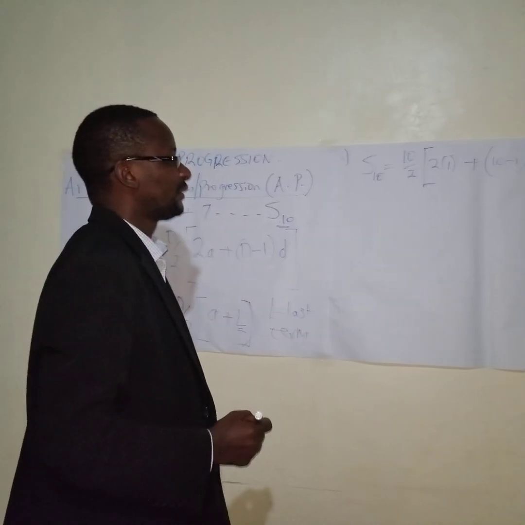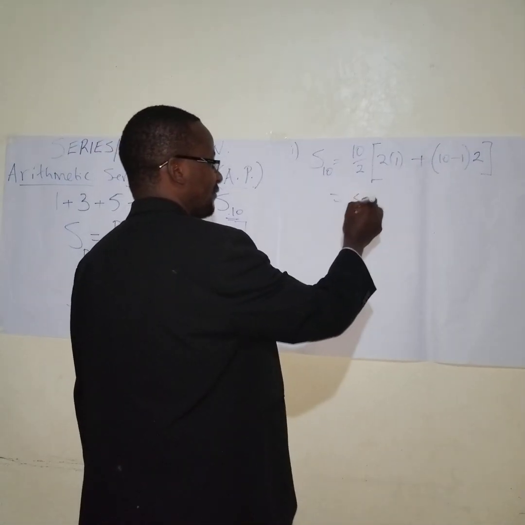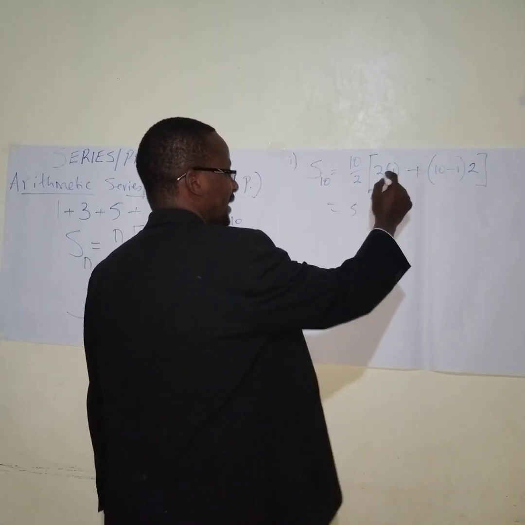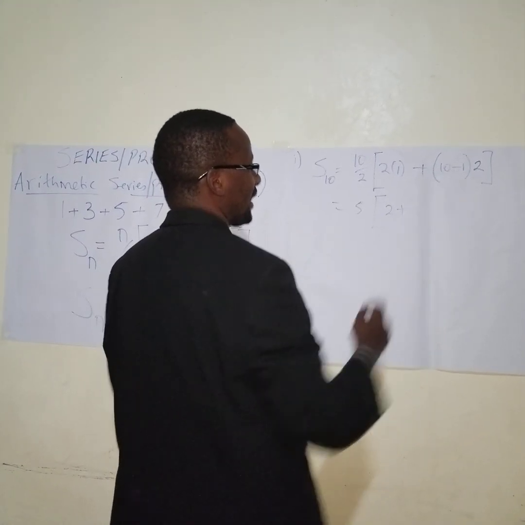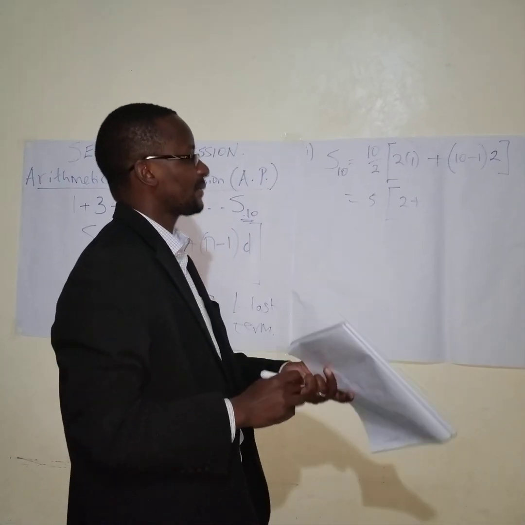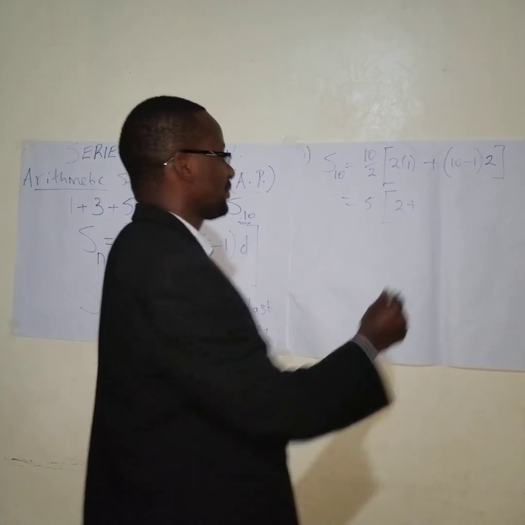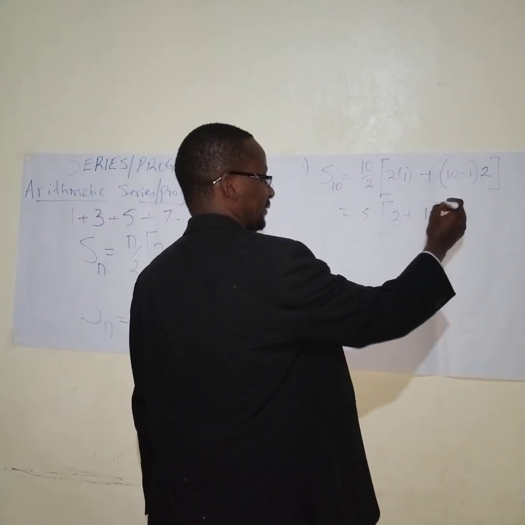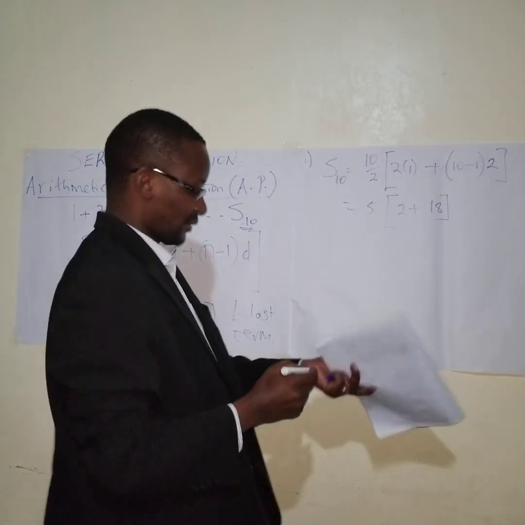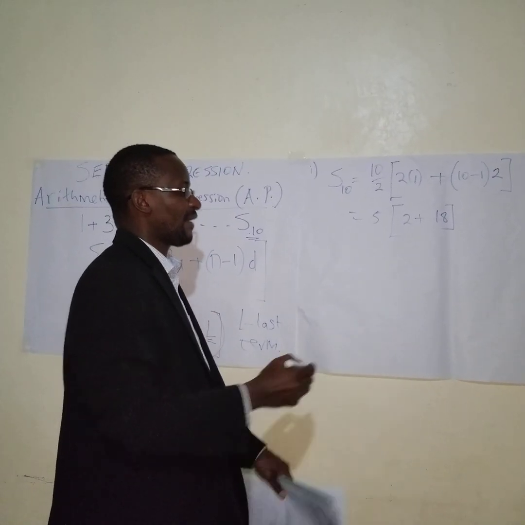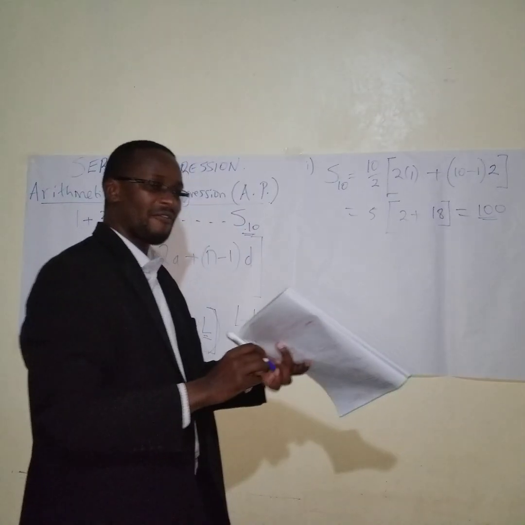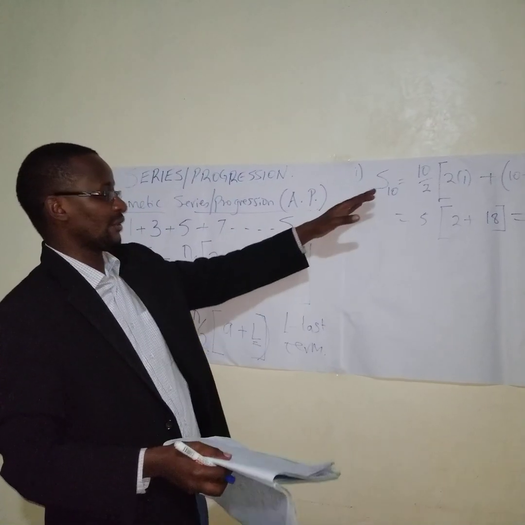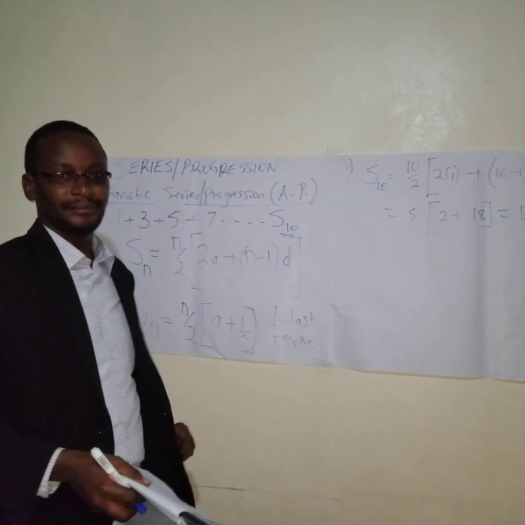There we go. So we simplify here, I get 5. Here I get 2 plus, open this bracket. You can first of all subtract 10 minus 1, you get 9. 9 times 2, you get 18. So 18 plus 2, you get 20. 20 times 5, you get 100. So the sum of the first 10 terms in this progression is 100.